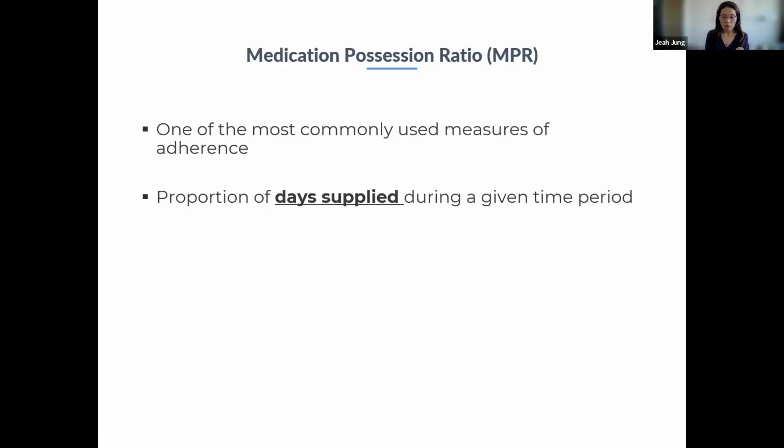One of the commonly used measures is MPR, medication possession ratio, and this captures the proportion of days supplied during a given time period. I'm going to emphasize again and again, this captures only days supplied, and this is a possession. In other words, how many days did the patient actually have the medications?